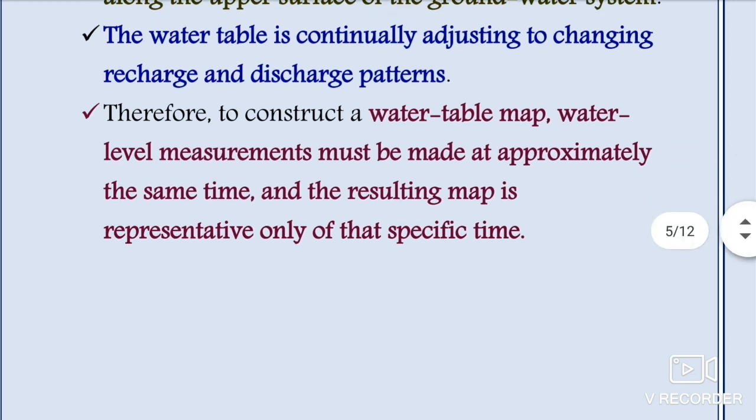Therefore, to construct a water table map, water level measurements should be made at approximately the same time, and the resulting map is representative only of the specific time at which we have taken the measurements.